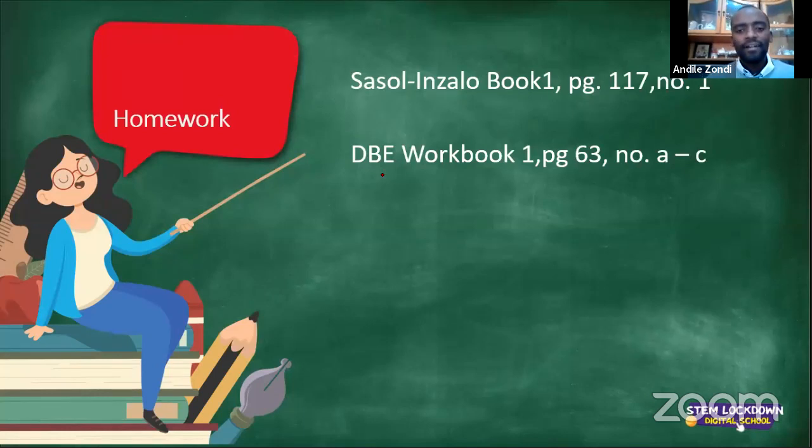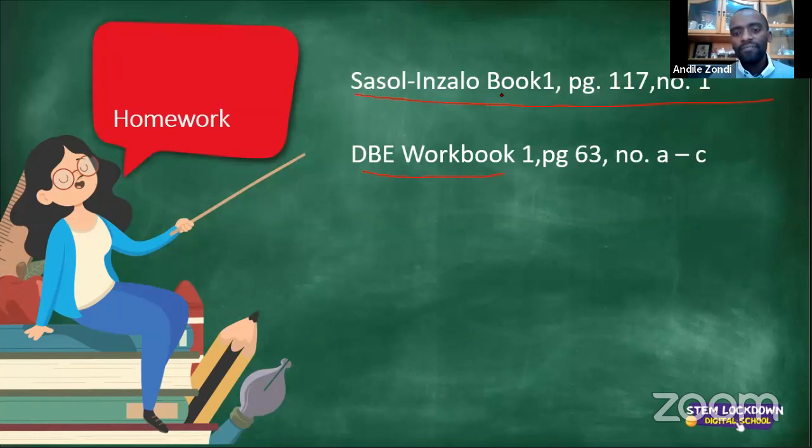Please use your workbooks that you got from school, the DBE workbooks. The first one, go to page 63. Do number 1, A to C, A, B, and C. Or if you have access to the SASOL booklet, page 117, number 1.